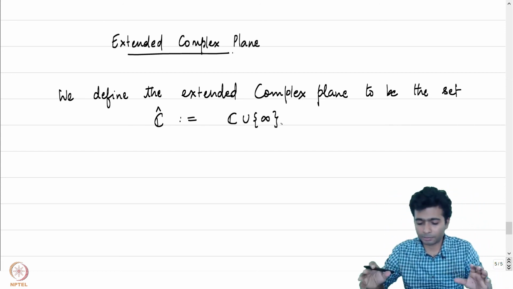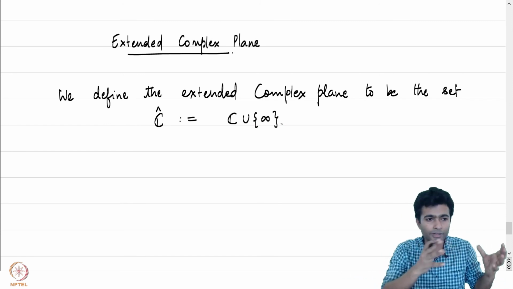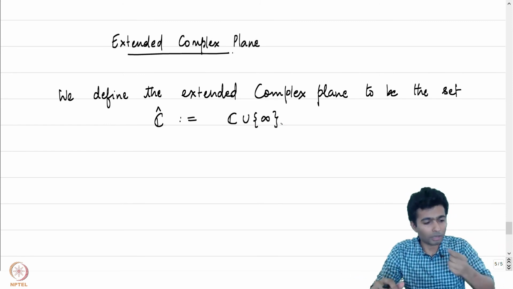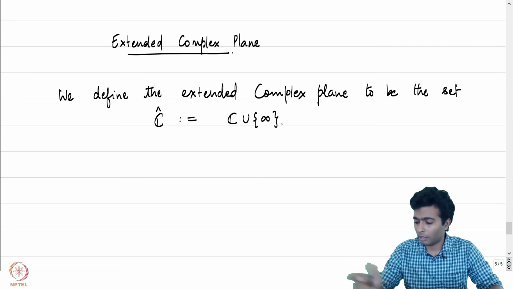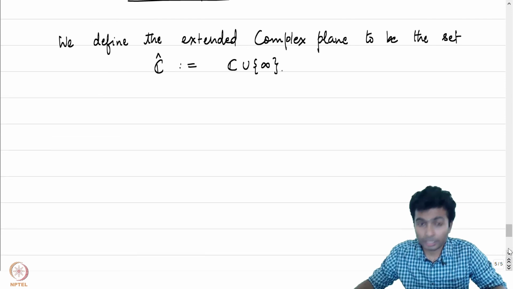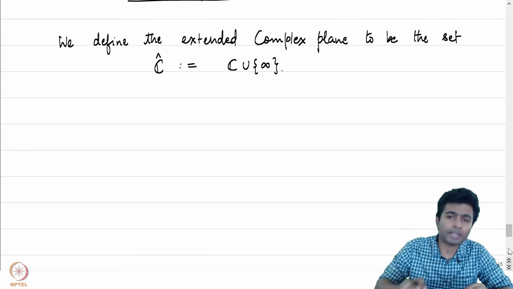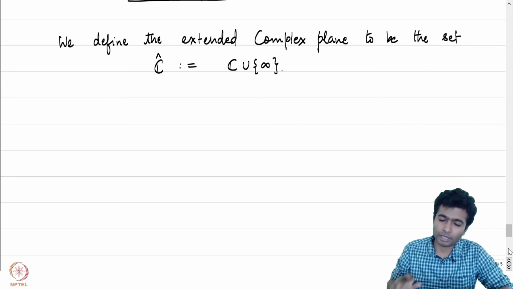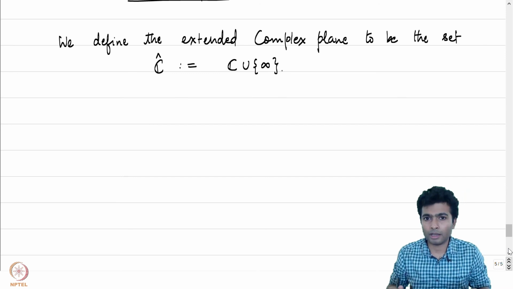The extended complex plane is very important, especially in the study of a class of functions which diverge away to infinity at isolated points. They are the right setting to study such functions, and we can give a concrete description of the extended complex plane by looking at the sphere in R3.